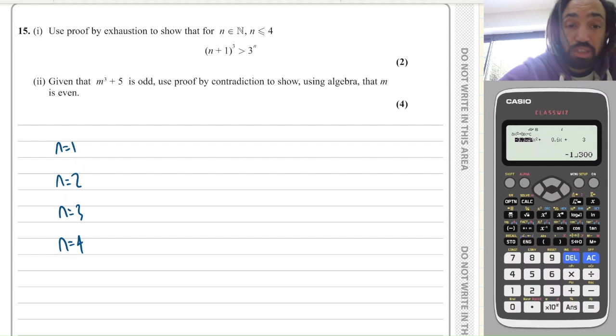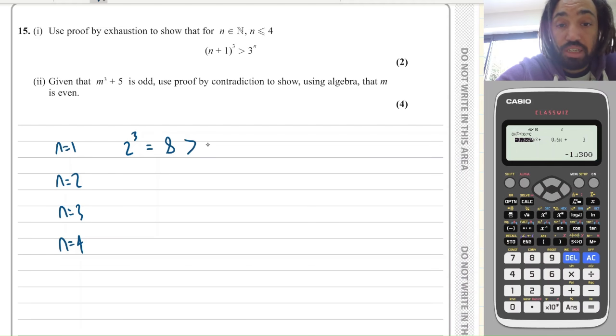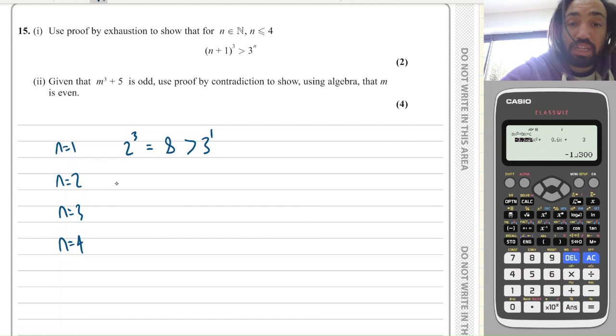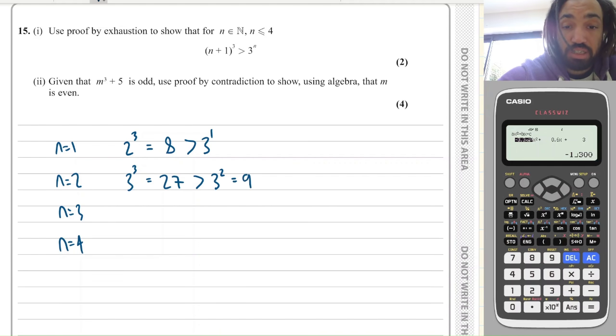So when n is 1, we're going to get 2 to the 3, which is equal to 8, which is greater than 3 to the 1, which is equal to 3. So that works. The next one, we're going to get 3 to the 3, which is equal to 27, which is greater than 3 squared, which is 9.